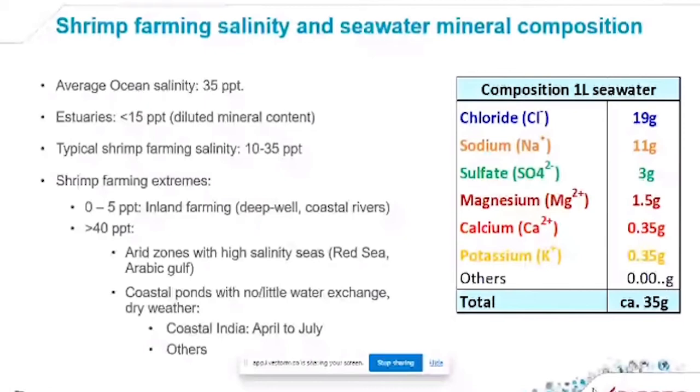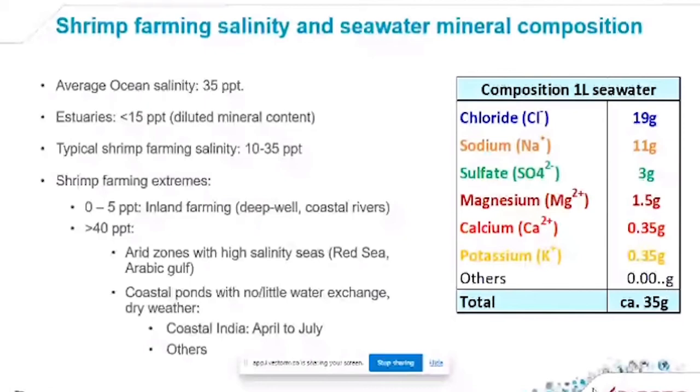The other side is high salinity, which you will find mostly in arid zones with high salinity seas, like the Red Sea or the Arabian Gulf. But you can also find it in areas where coastal ponds have no water exchange due to biosecurity concerns and during the dry weather, which can block to a certain extent the access to fresh water or seawater.